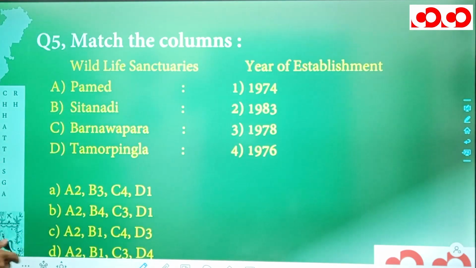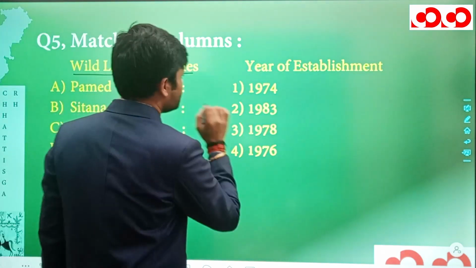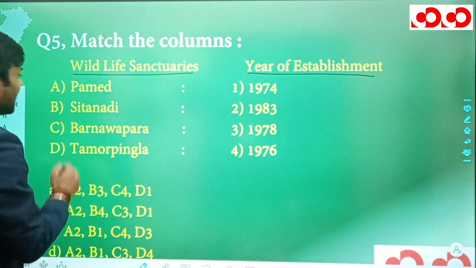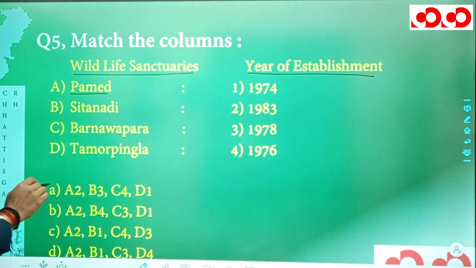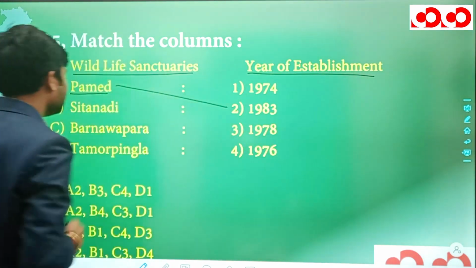Now next we have our fifth question, wherein we have to match the columns. In one column we have wildlife sanctuaries, and in the second column we have the years of their establishment. Regarding Pamed, let me tell you, it is actually situated in the Bijapur district of Chhattisgarh, and it was established in the year 1983.